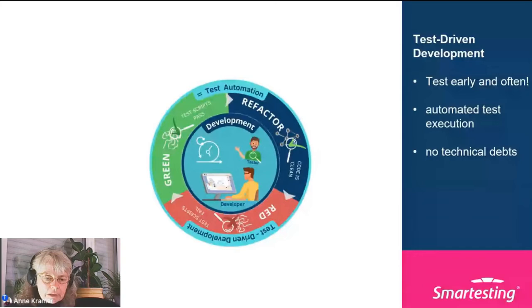Test-driven development is really done in micro cycles, so you test really early and often. If you want to do that, of course, you cannot do your tests manually. So we can say that test-driven development, at least this approach, is equivalent to: you have to automate your test cases.